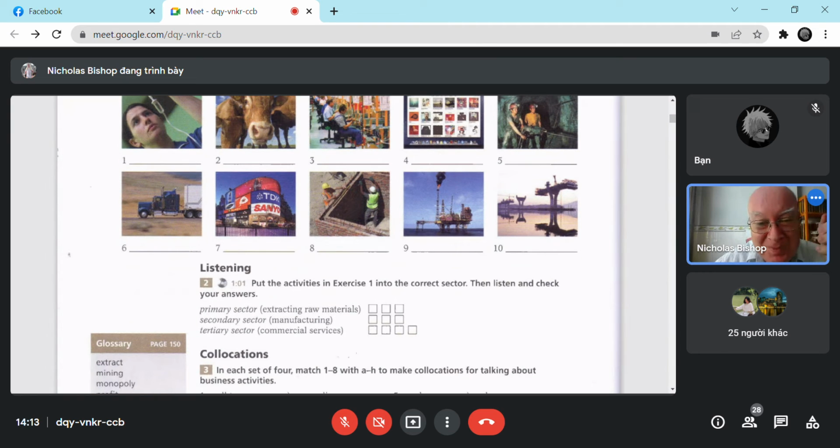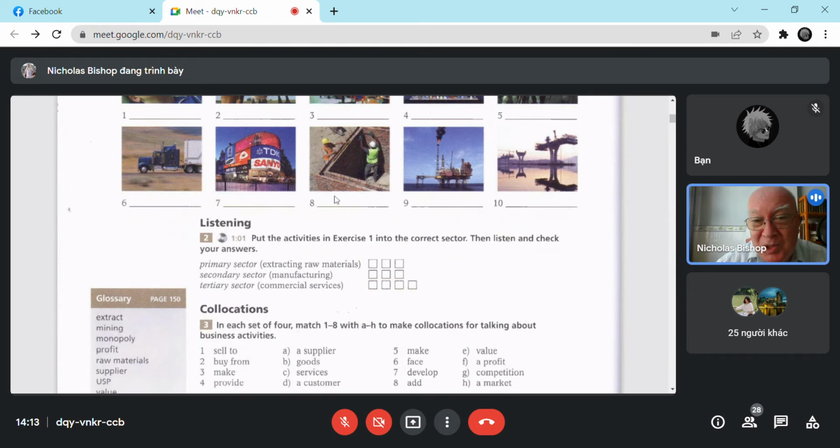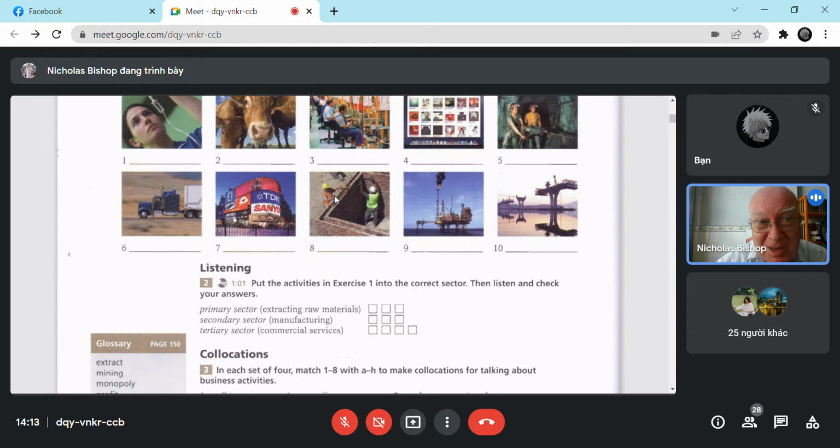Oh, and there's a listening thing here. Now, it wants you to put the activities into the boxes here. And there are three sectors. There's a primary sector, and that means extracting raw materials. And then there's a secondary sector, which means manufacturing, making things.